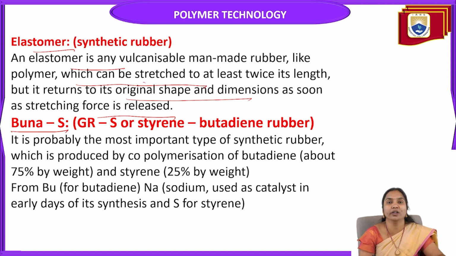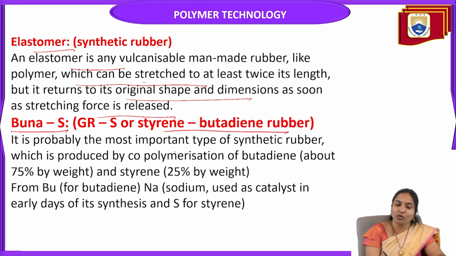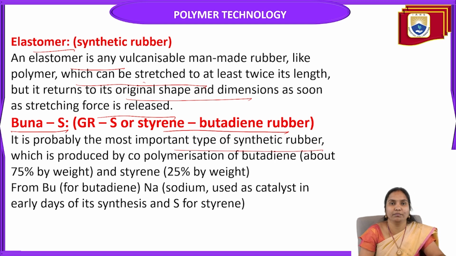GRS means government styrene rubber, also called styrene butadiene rubber. It is probably the most important type of synthetic rubber.